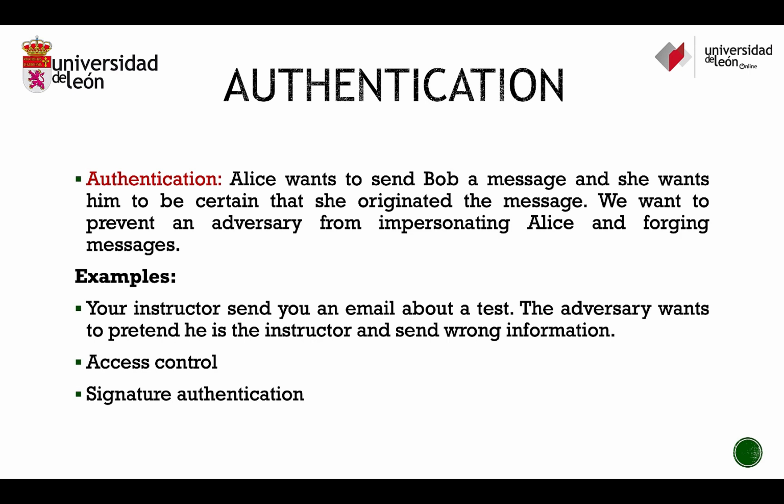So if the message is authenticated, we will make sure that it's the instructor who sent the message and nobody else. Authentication is also important for access control, if we want to know who exactly is able to access some resource. And this is also useful for signature authentication. So with authentication, we will try to mimic what happens with signatures in the real world, but digitally.